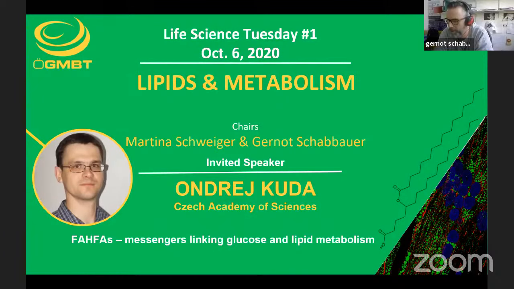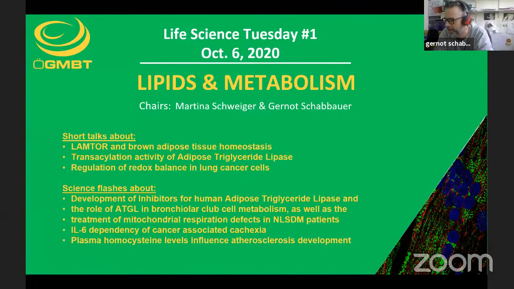After Andrei's talk, we will have the pleasure to hear a couple of short talks from researchers in Innsbruck and Graz, mostly about LAMTOR and how it affects brown adipose tissue homeostasis, adipose triglyceride lipase having a yet underappreciated function as a transacylase, and the regulation of redox balance in lung cancer cells.